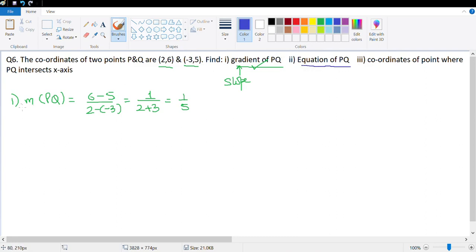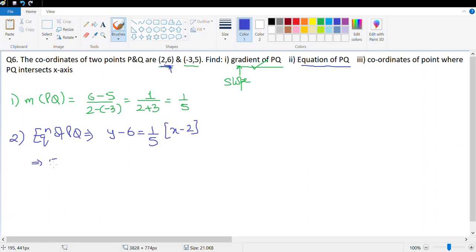Next, equation of PQ. Now that we know the slope and we know one point on the line, we can calculate this equation. So equation of PQ would be given by y minus y1. Let's take that point as x, 2 and 6. So y minus y1 is equal to m, which we just calculated as 1 by 5, times x minus 2. Let's cross multiply.